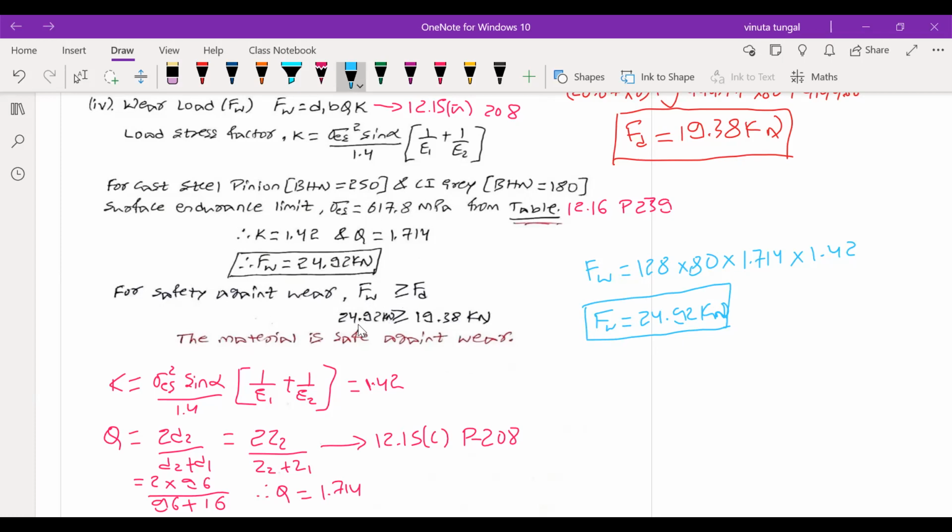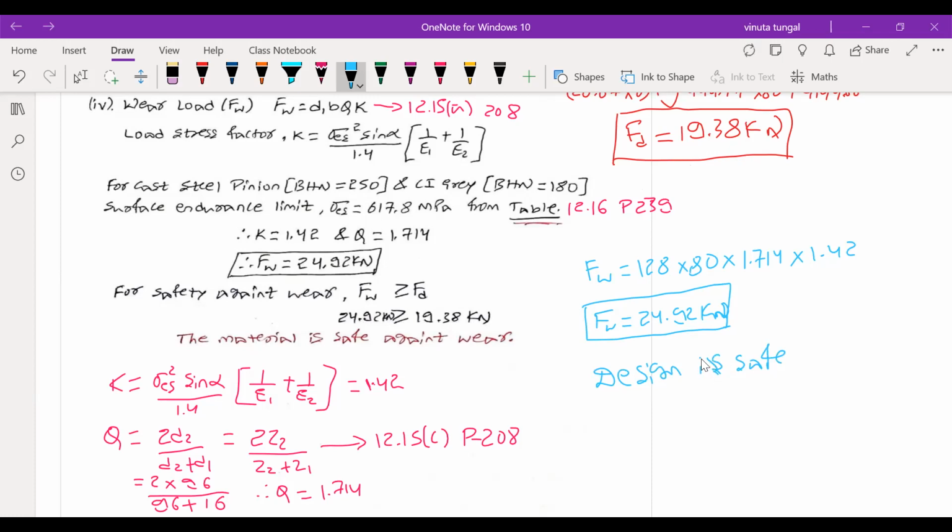Here in our case, it is 24.92 kilonewton, which is greater than 19.38, the dynamic tooth load. Therefore, the material is safe against wear. Therefore, we can say that the design which has been done is safe.